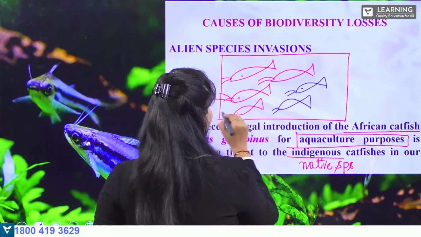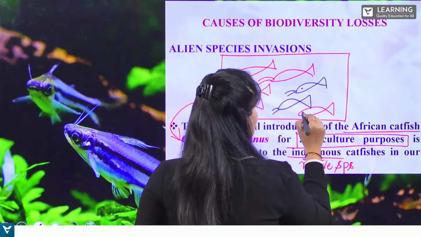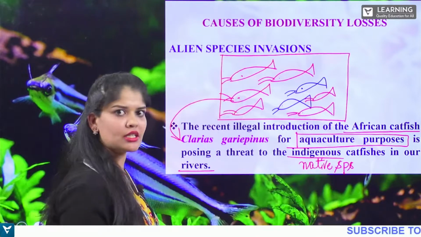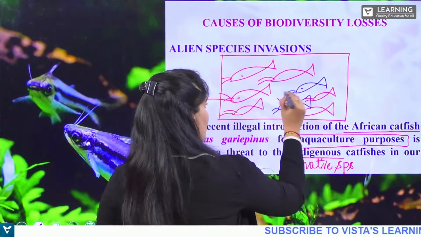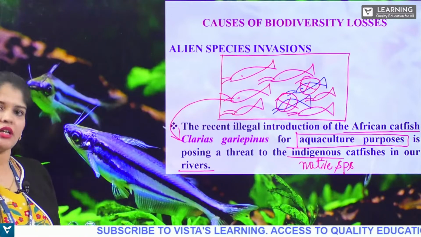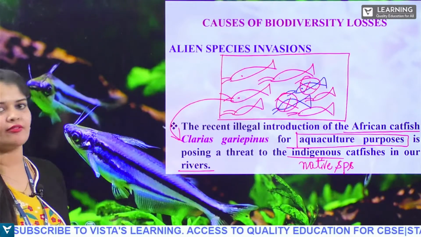As this alien fish's number is increasing, it competes for the availability of the natural resources, and it shows its effect on the growth of the indigenous catfish present in the rivers, right?